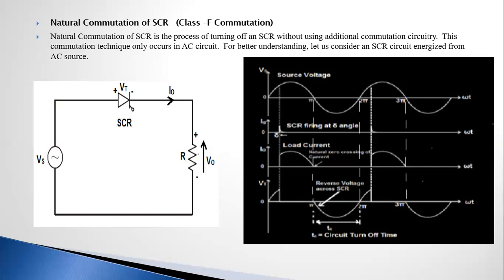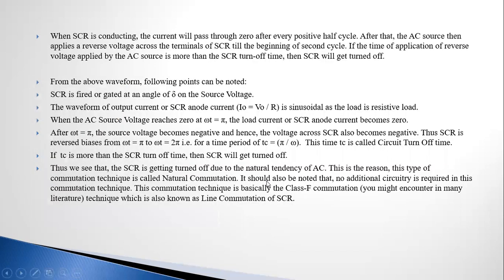In this circuit diagram, you can see the circuit and also the waveforms: this is the input voltage waveform, this is the gate current, this is the load current, and this is the thyristor voltage. Let us understand natural commutation in brief.